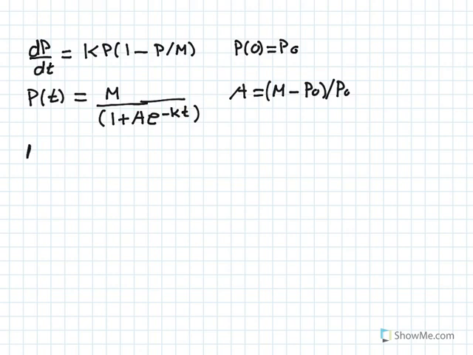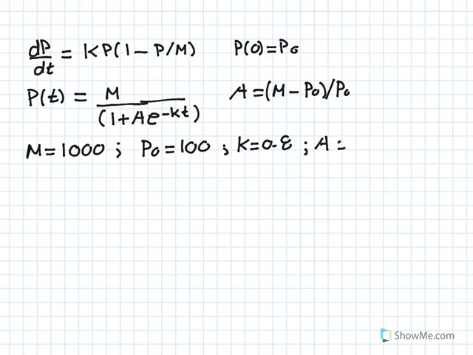So let's substitute these quantities in. Capital M, the carrying capacity of the population, is 1,000. The initial population of the fish farm is 100 fish. We computed the constant k. k is equal to 0.8. And we can solve for A. A is equal to capital M minus P0 divided by P0.